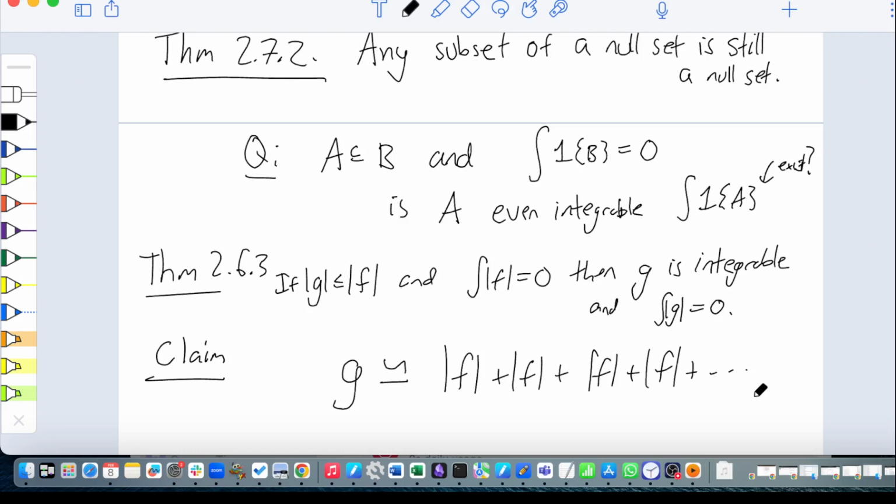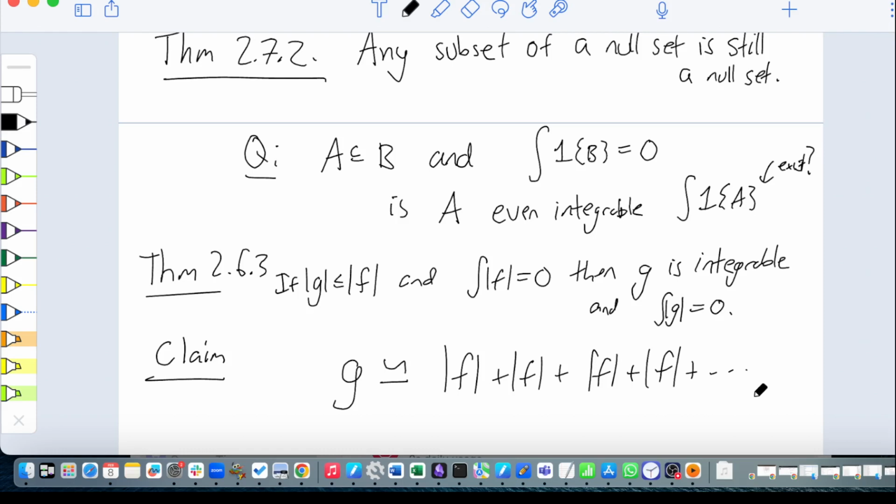This is like what you learn in infinite numbers 101: if you add up the same number over and over again, it is not going to converge. You can't just do 1 plus 1 plus 1 and hope it converges. The numbers have to get smaller as you go down. So what is going on here? Well, actually, the integral of f is 0. So f is mostly all zeros. There is one special number you can add up over and over again, and that's 0.